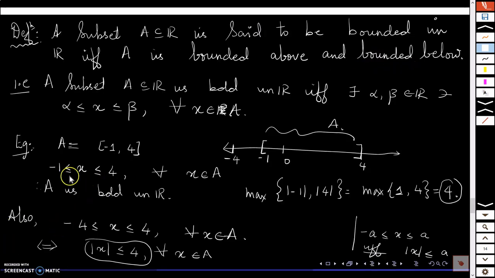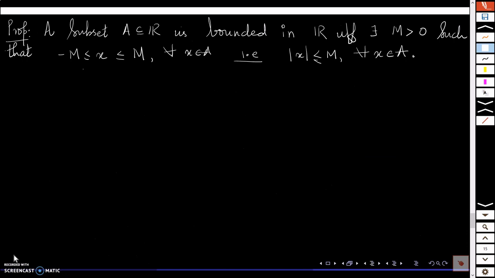So you can compare this idea with the upcoming proposition. So that's an if and only if statement. There are two sides to it, and we have to prove both sides.